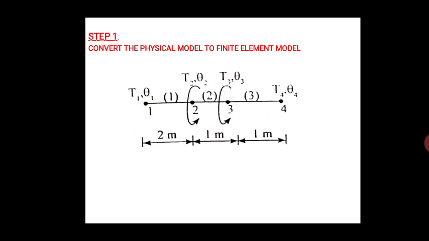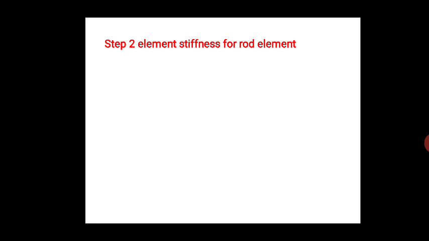Second step is the element stiffness matrix for the rod element. For the rod element, the element stiffness matrix can be written as K is equal to GJ divided by L into 1, minus 1, minus 1 and 1.